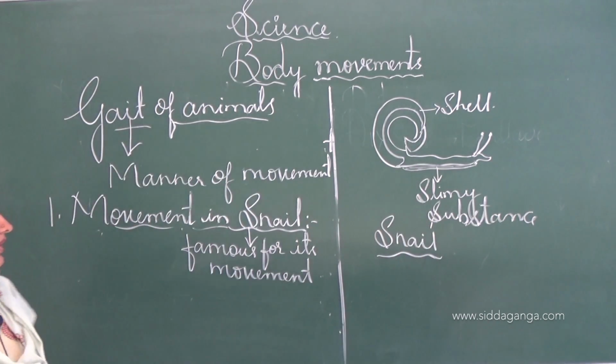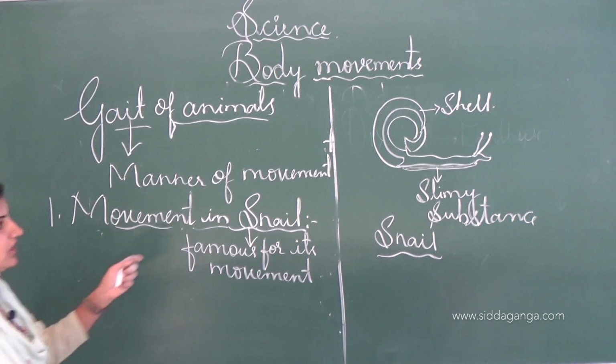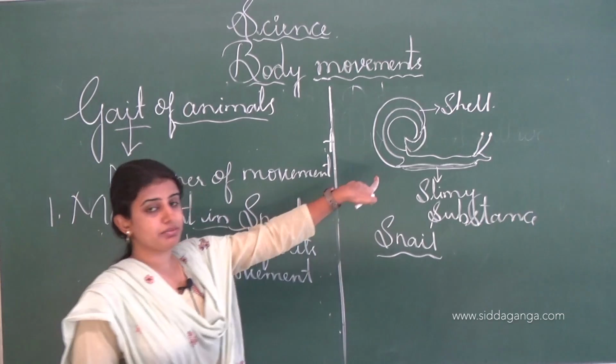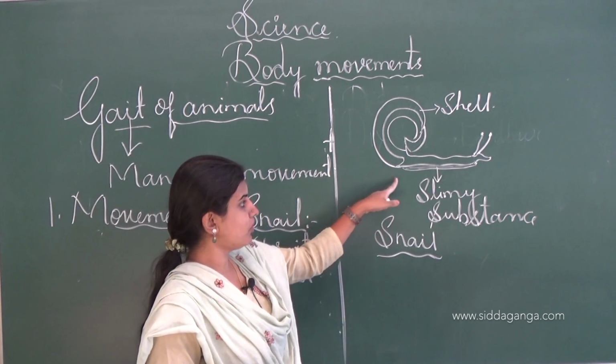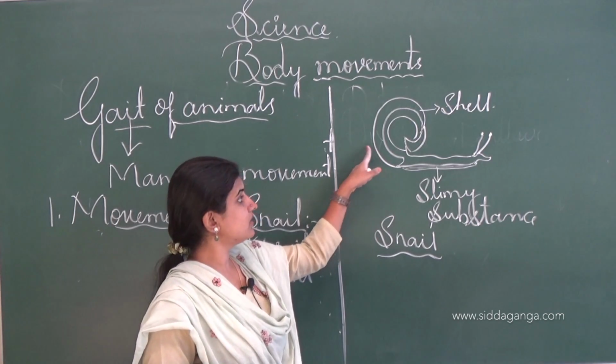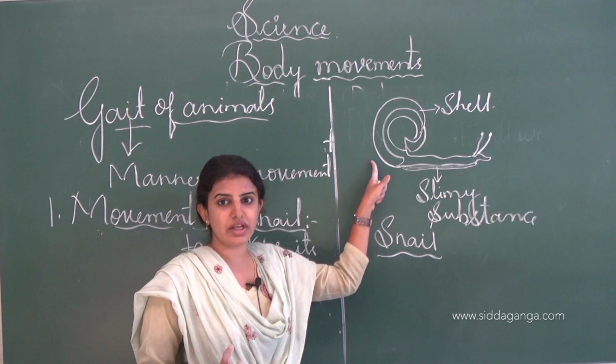See, the body is covered with a hard shell. It is an exoskeleton because the hard part of the body is present outside the body of the snail. So this type of bone is called an exoskeleton.